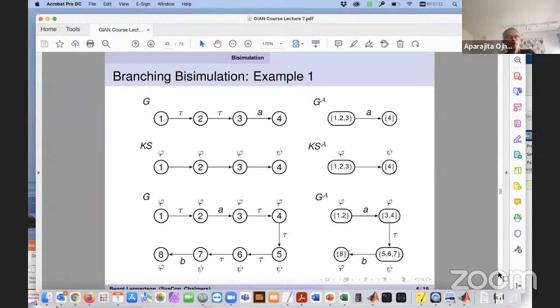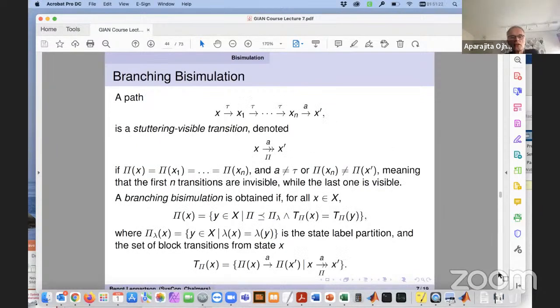So you could say that these examples illustrate more or less what can be done, but there are some additional aspects here to be considered.